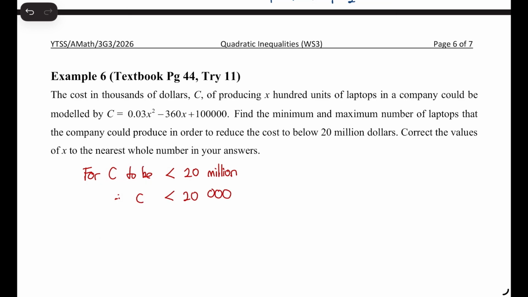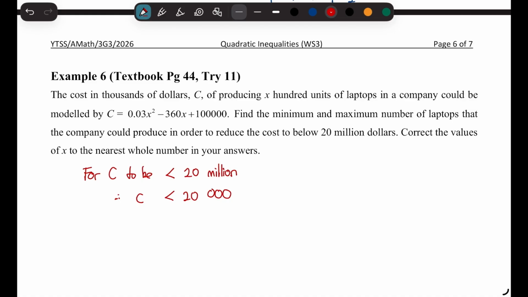So I replace my C by the quadratic expression: 0.03x squared minus 360x plus 100,000 is less than 20,000.